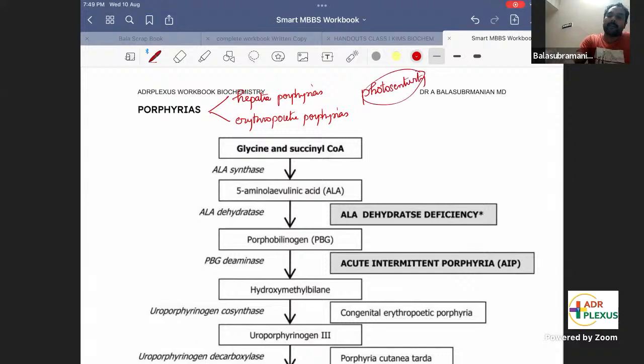So all the porphyrias have photosensitivity. These patients are scared of light, because the porphyrins absorb light, they cause irritation, itching, and painful sensation. So they all present with photosensitive lesions.